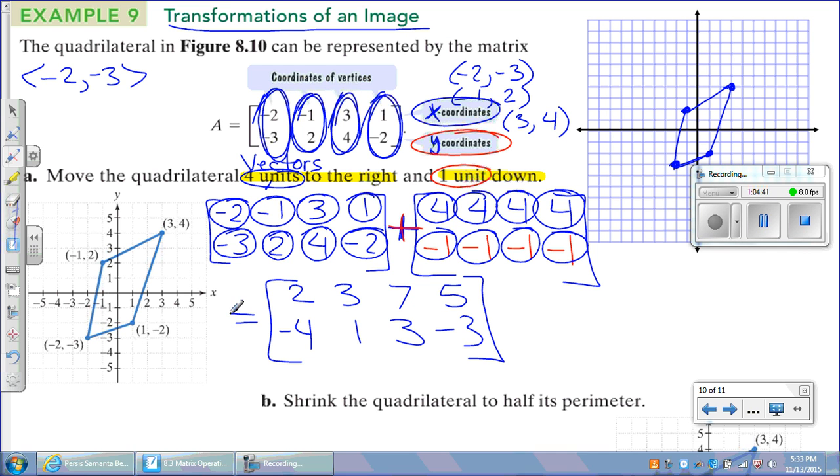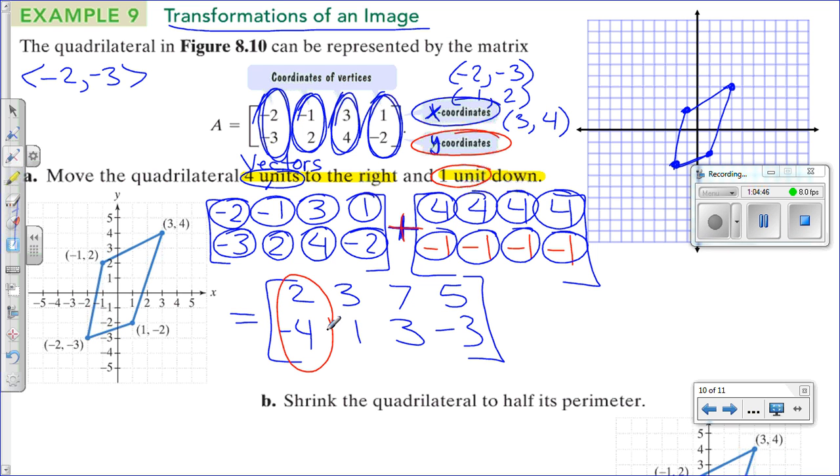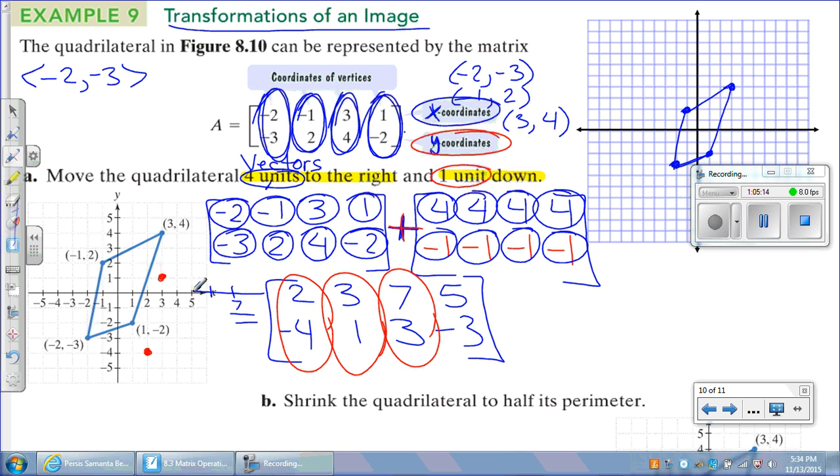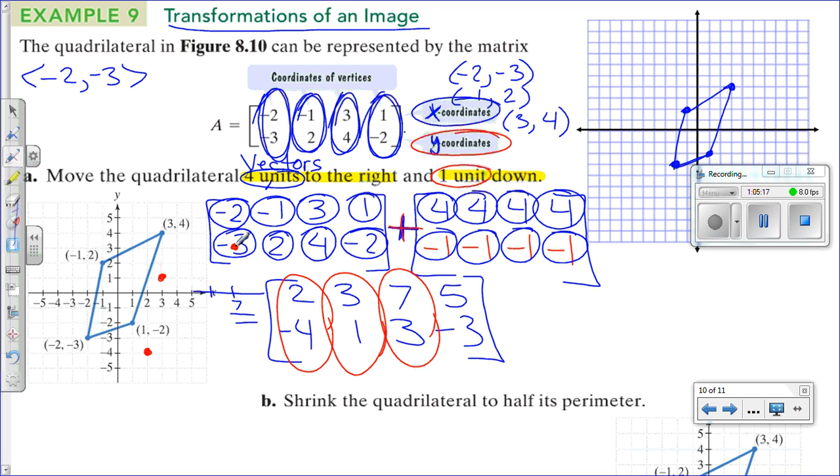So now let's go ahead and plot the points. First column represents the first point, so it is 2, -4. Next column is the second point, 3 comma 1. Next column is the third point, 7 comma 3. I don't have enough room here, so let's make enough room. And then the fourth column represents the fourth point, 5 comma negative 3.